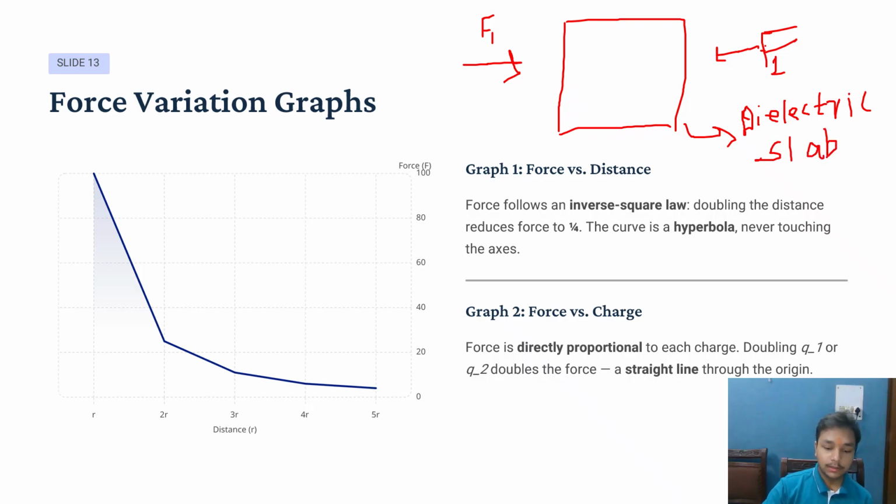And now there are two charges Q1 and Q2. These are the two charges. So this is exerting a force here, and this is also exerting. So what is happening? Dipoles or the polarization.